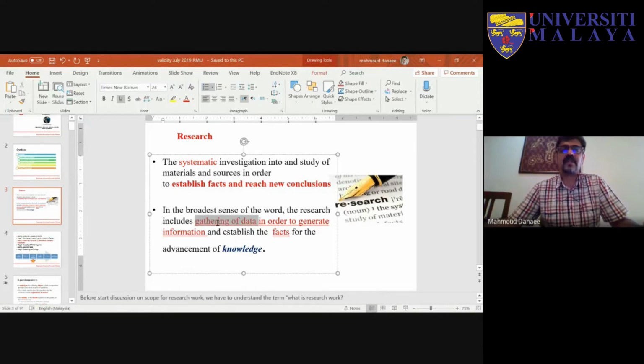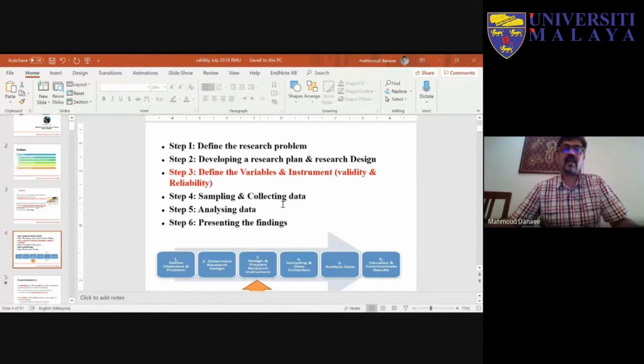This process always starts by gathering the data, and this data can be processed with some techniques and methods in order to generate information and establish the facts. Of course, at the end, we can advance the body of knowledge. This slide also shows the classical steps for any kind of research.